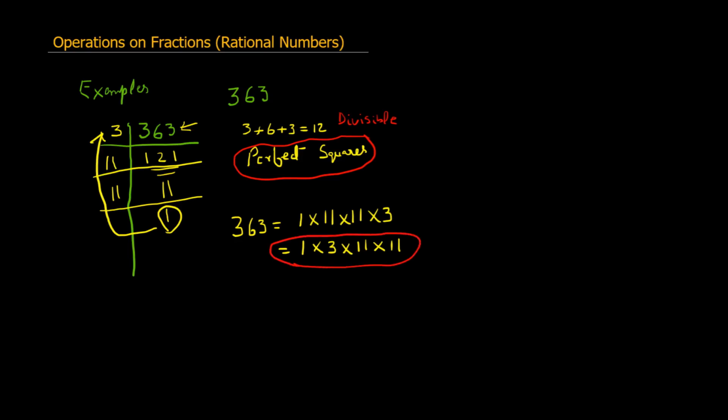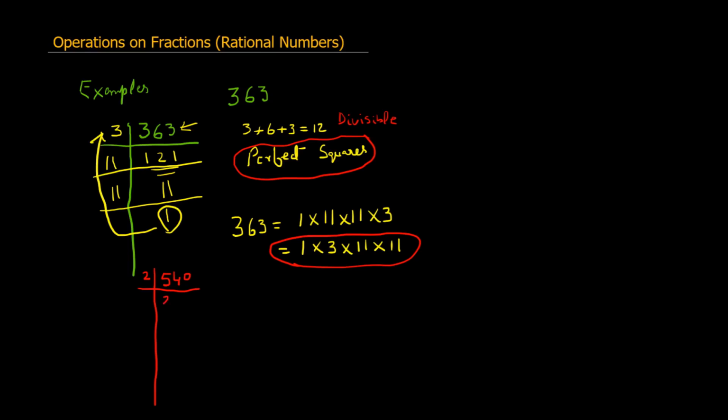And now let's take another example, which is 540. So again, put these two lines. Two, because it ends in 0, so it is divisible by 2.